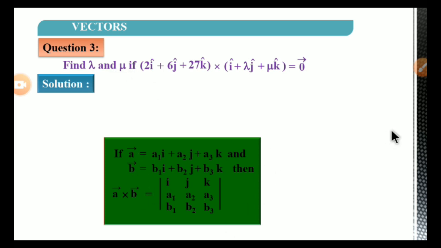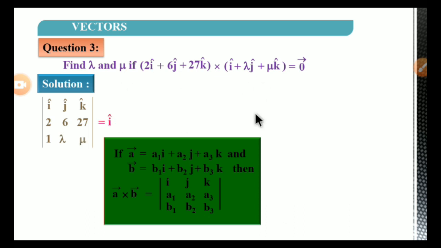Consider this note here, and now I am taking the cross product of these two vectors. First row contains i j k, second row contains 2 6 27, and third row contains 1 lambda and mu.